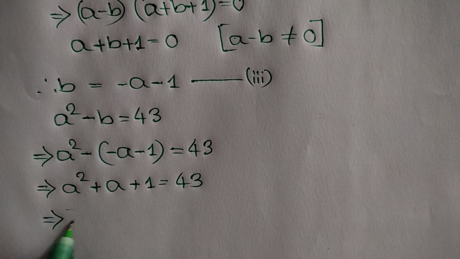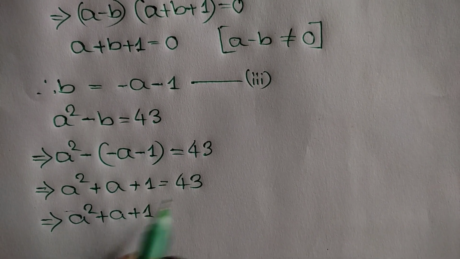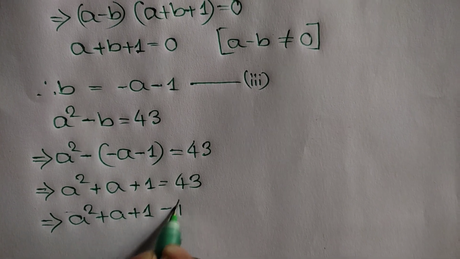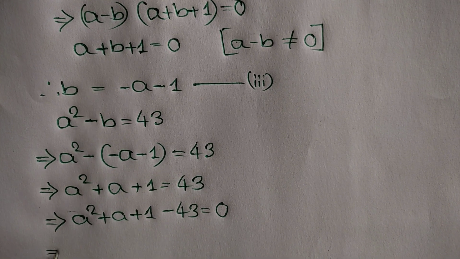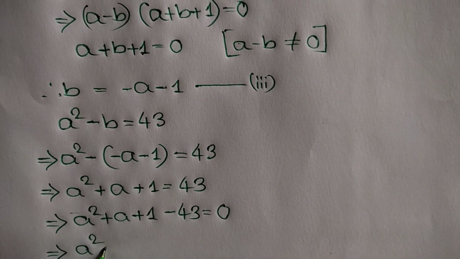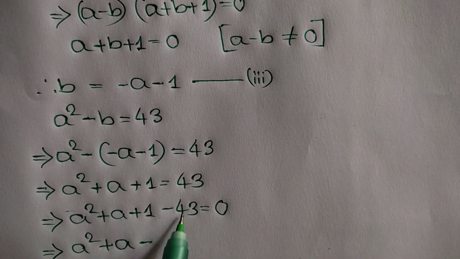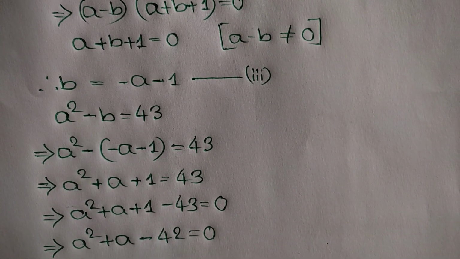Or a square plus a plus 1, taking this 43 to the left side, we get minus 43 is equal to 0, or a square plus a minus 43 plus 1, which is minus 42, is equal to 0.